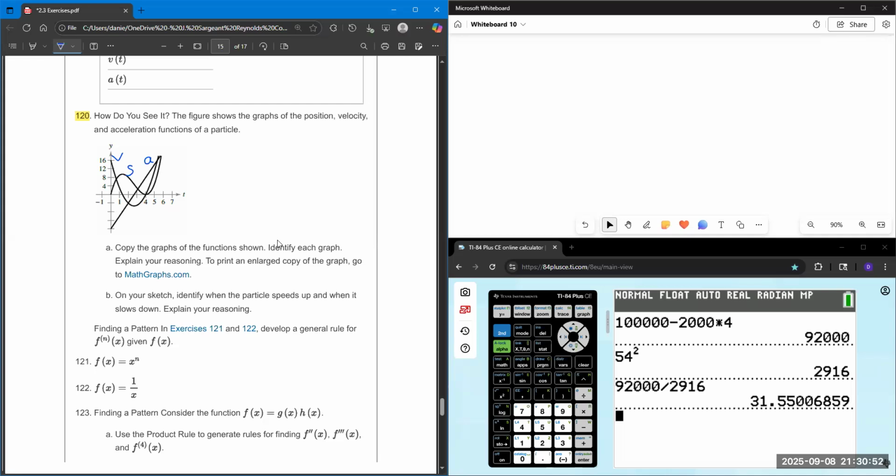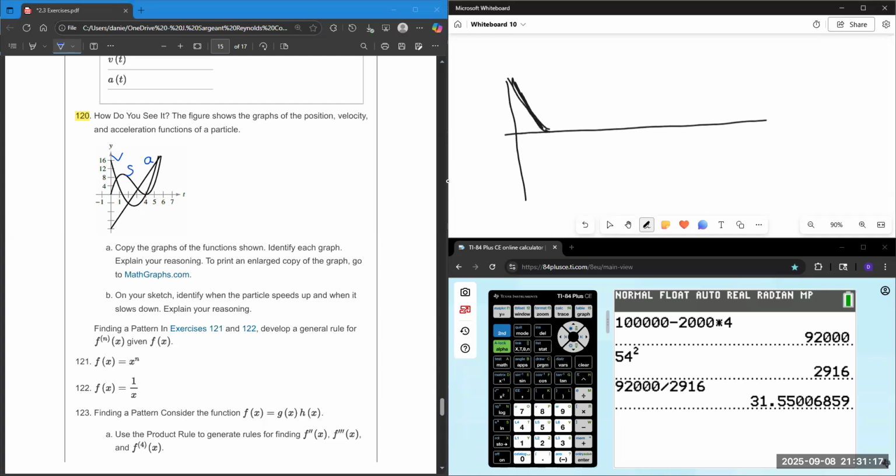On your sketch, identify when the particle speeds up and when it slows down. So let me draw a new version here just with the velocity, but I'm going to take the absolute value of it. So this is going to be speed.